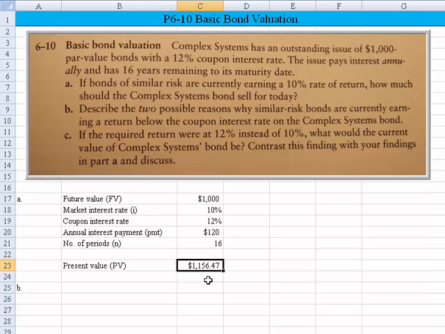Now on Part B, it says describe two possible reasons why a similar risk bond are currently earning a return below the coupon interest rate on the complex system bonds. Well, I can think of two general reasons. One would be we've had a change in market interest rates.